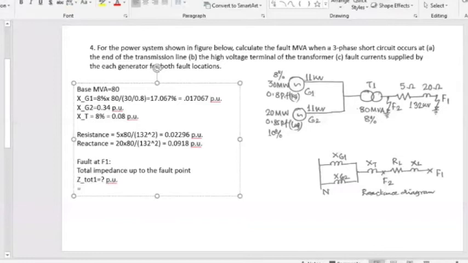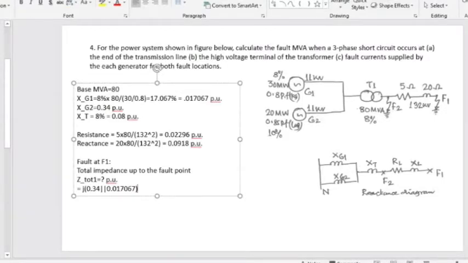What it will be, we'll have j0.34 parallel to j0.17067. These two generators are in parallel.